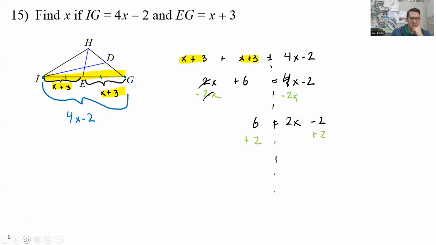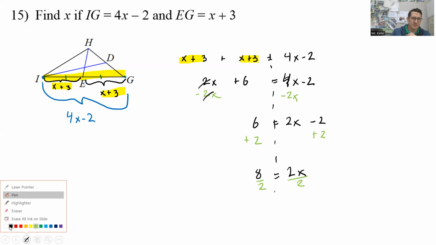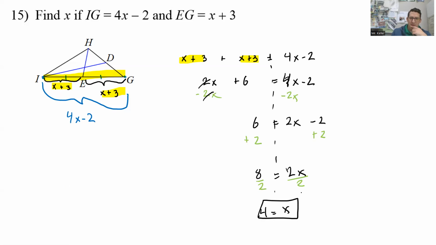You get 6 plus 2 is 8, equal to 2x. And then divide by 2. You get 4 is equal to x. That'll do it for that one.